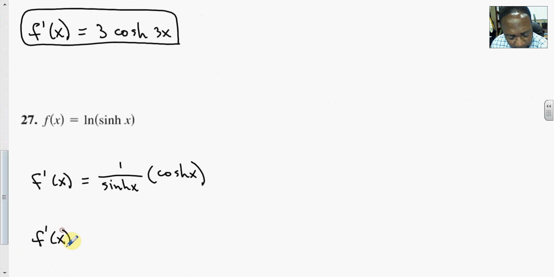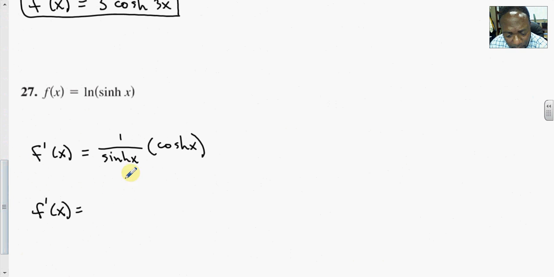So f prime of x is equal to hyperbolic cosine x divided by hyperbolic sine x, which, to keep saying hyperbolic, you've got to have some oil and grease in your jaws, right? Of which I do lack. So this is simply the hyperbolic cotangent x.